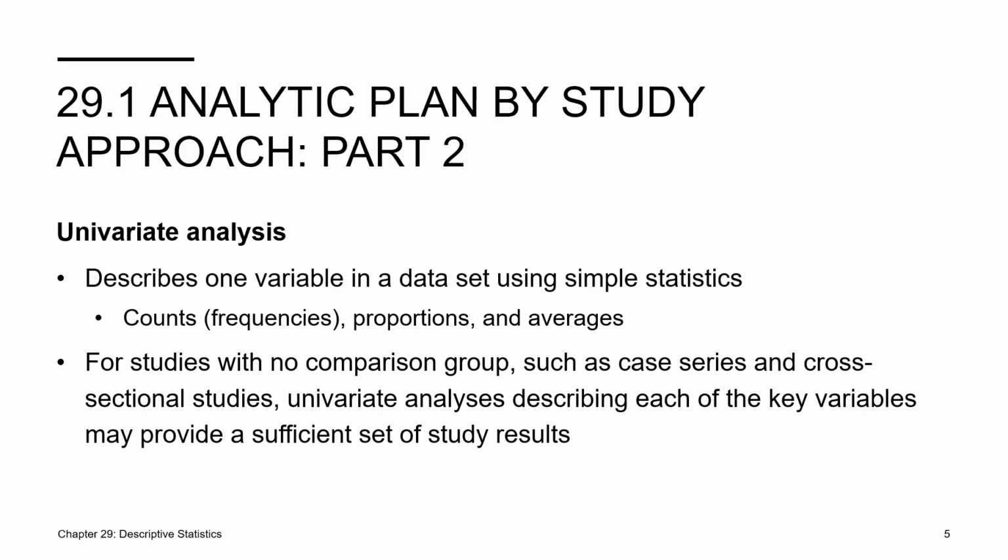For studies with no comparison group, say a case series or perhaps a cross-sectional study, a univariate analysis may be the sufficient statistical analysis plan that you can conduct. It may be that you don't need any more advanced statistics, say if you're doing a needs assessment of a population, because you only need to know what their needs are. You're not comparing them to anyone else, you're just describing their needs.